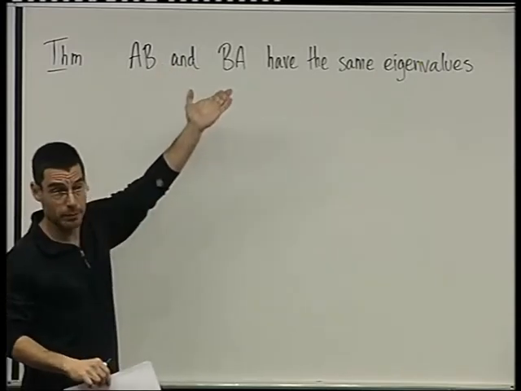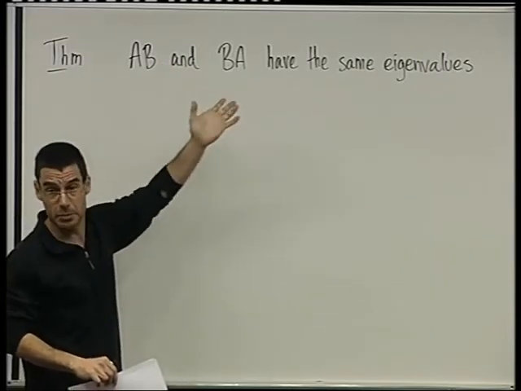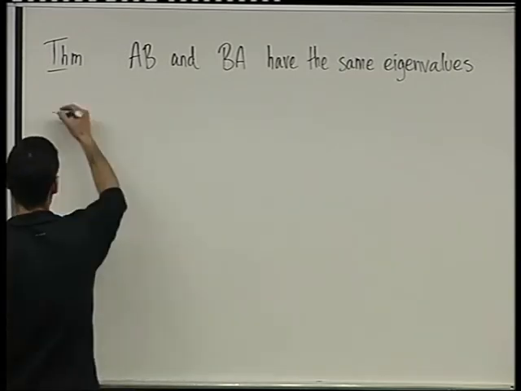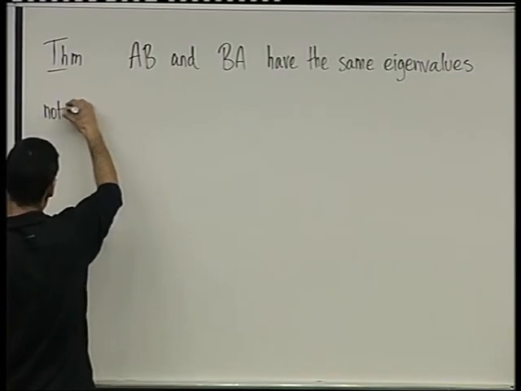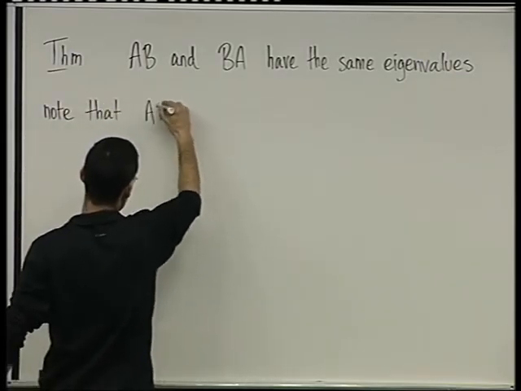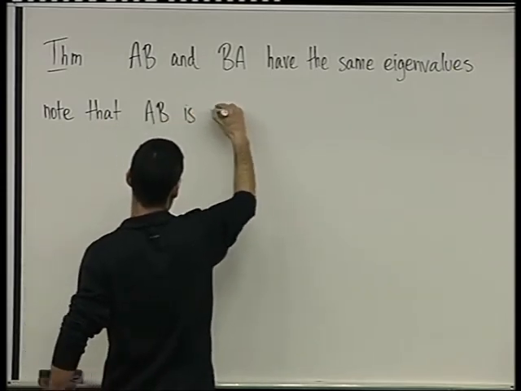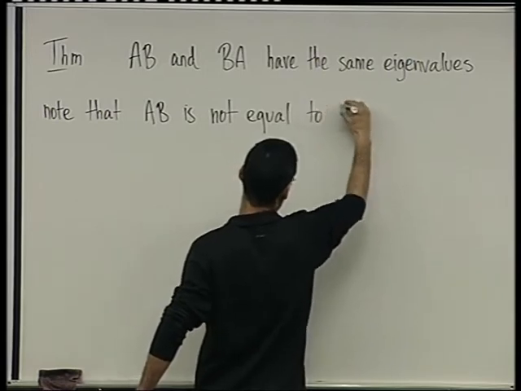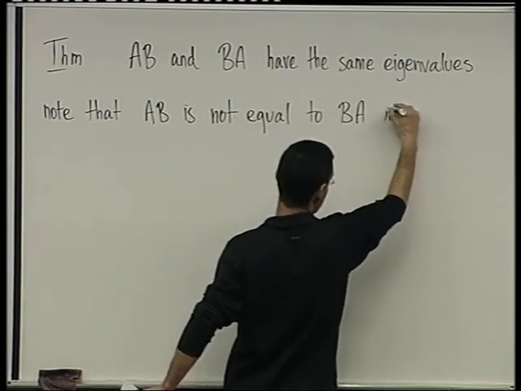They're not equal. Matrix multiplication is not commutative. AB is not equal to BA. Maybe let's write this. Note that AB is not equal to BA in general, right?